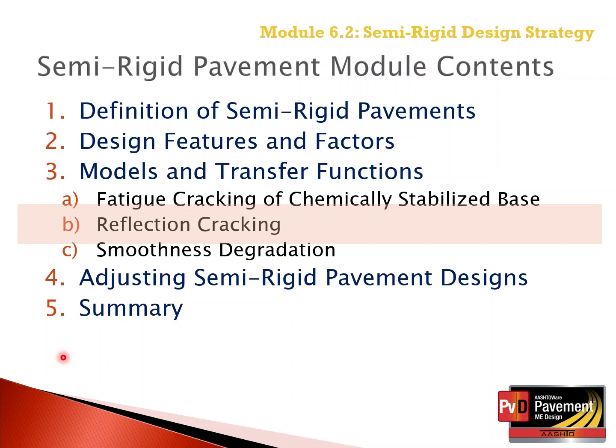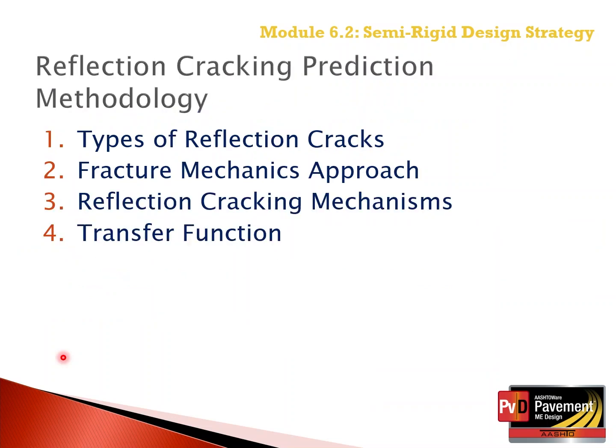Both are going to be discussed in this session and based on the fracture mechanics approach. This section is going to review the different types of cracks related to a semi-rigid pavement, the fracture mechanics approach, the reflection cracking mechanisms, and then explain the transfer function.